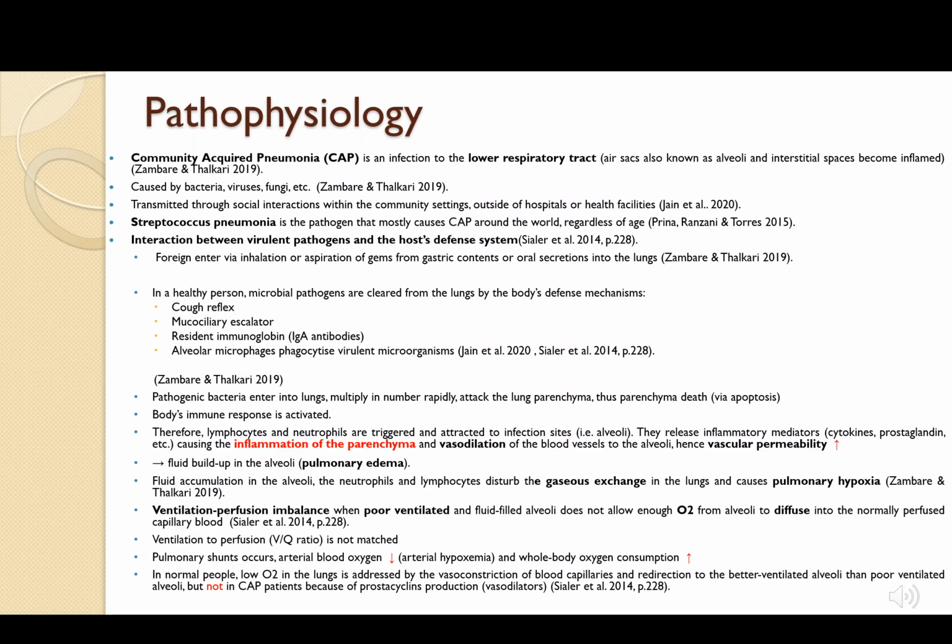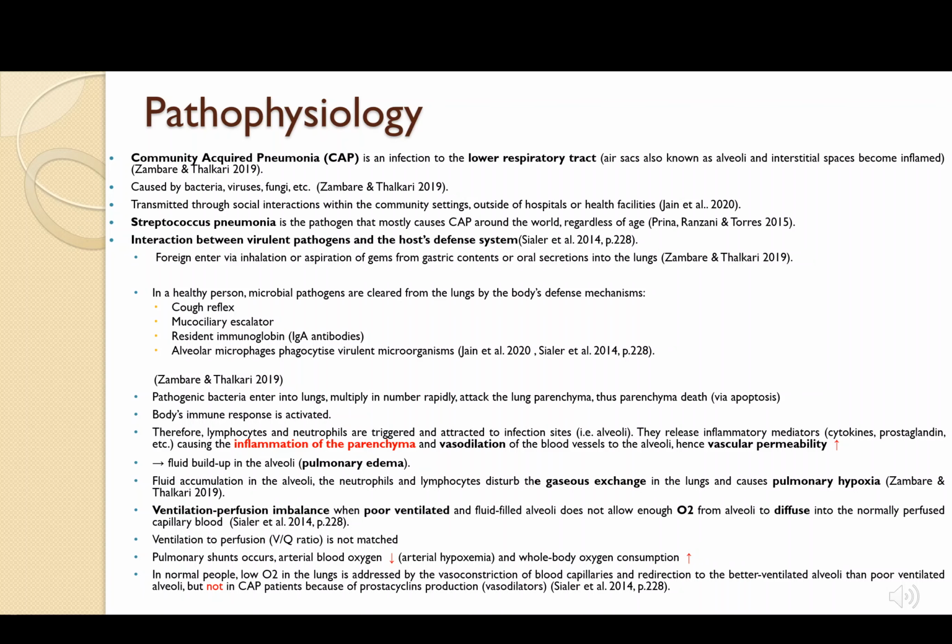Therefore, the ventilation to perfusion ratio is low. Pulmonary shunts occur because of that, and the arterial blood oxygen will decrease, causing arterial hypoxemia, while whole body oxygen consumption will still be increased.